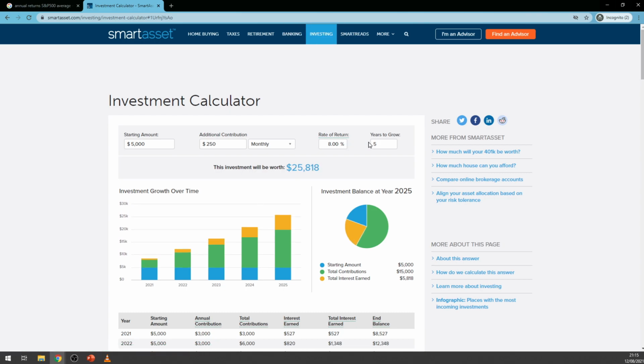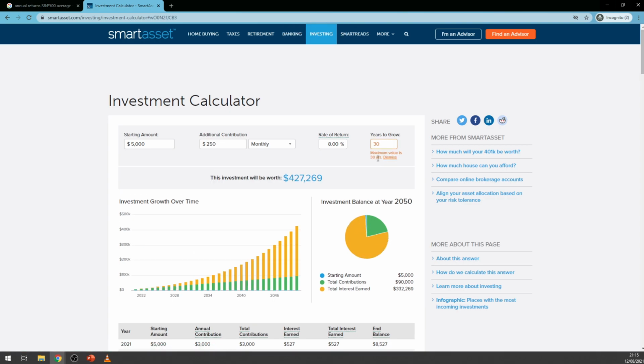We can put it on 8, as you saw also in what I just quickly Googled for you. I mean, it could be a little bit more, around 10%, but let's keep it on the low side for now. Let's keep it on 8, that should be fine. But let's say that you're 20 years old, then you're able to invest for 35 years. Oh, that's a pity. The maximum value is 30. Still fine. We put in 30.